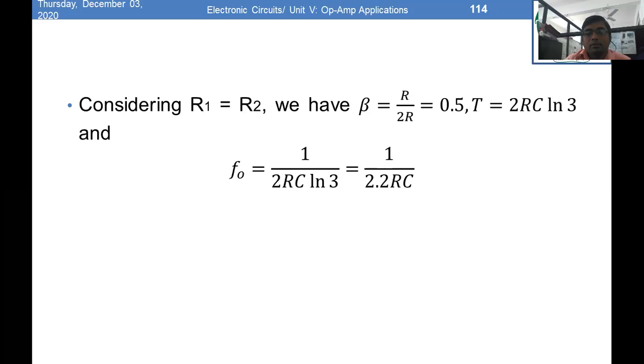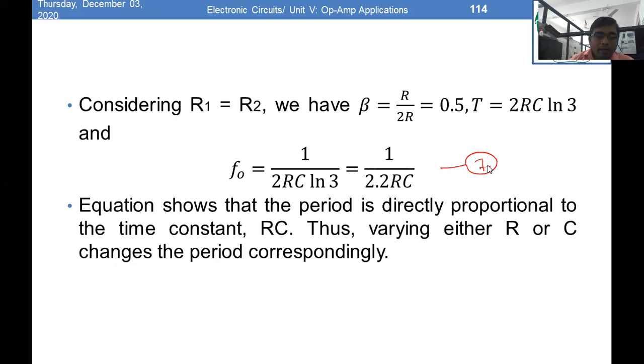That means the frequency would be 1 upon 2RC ln 3, that is 1 upon 2.2RC. So the frequency of the oscillation becomes 1 upon 2.2RC. This is also one of the important relationships, keeping the fact that R1 is equal to R2.